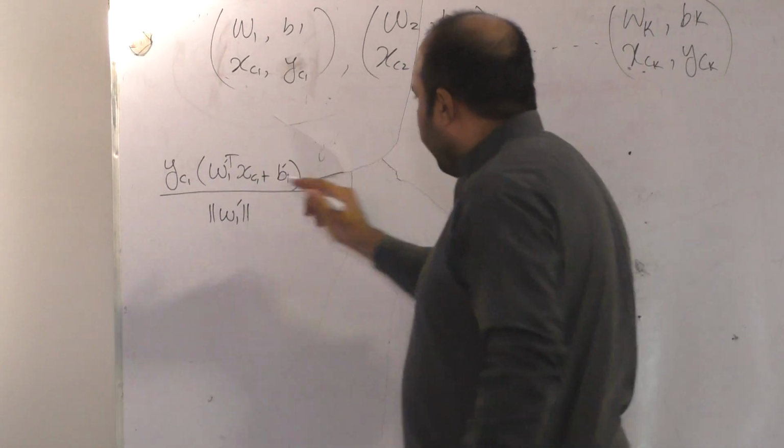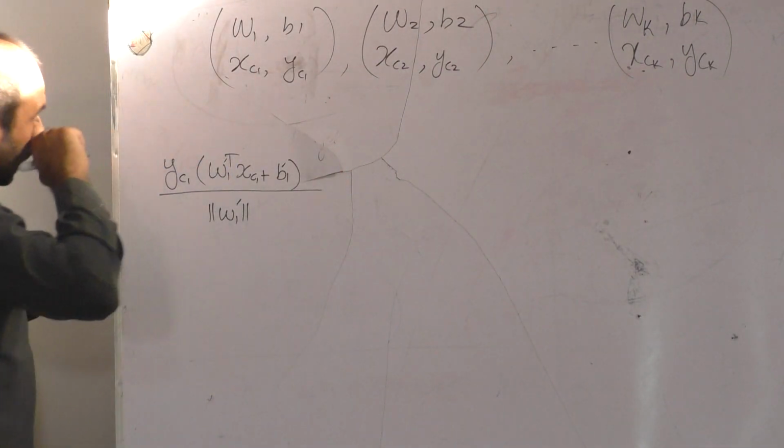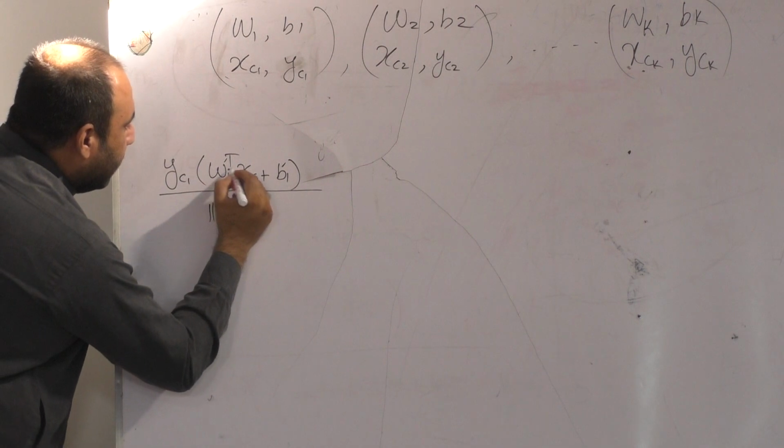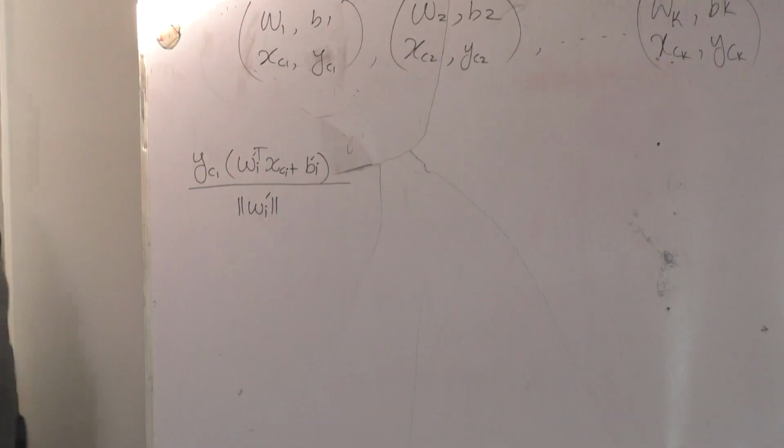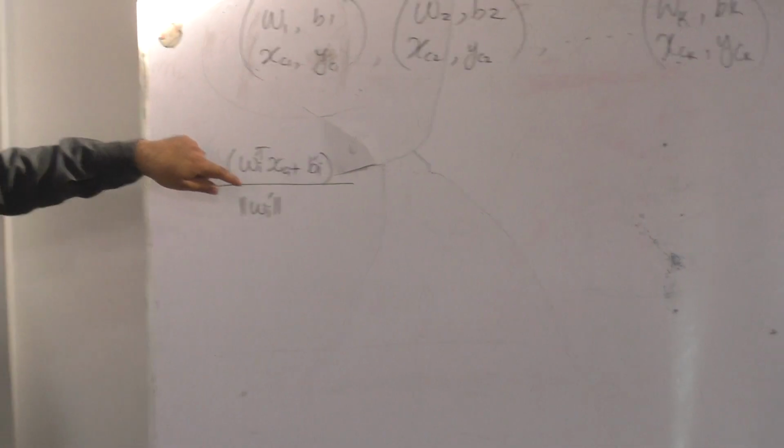So we have the numerator 1. Let me write this as I, where the numerator is always 1.